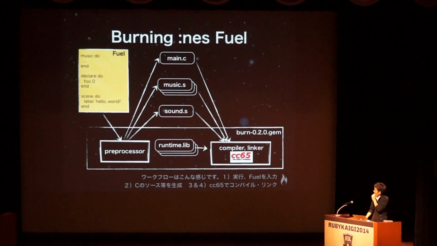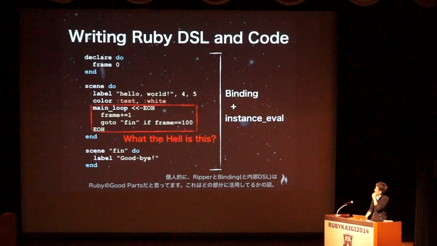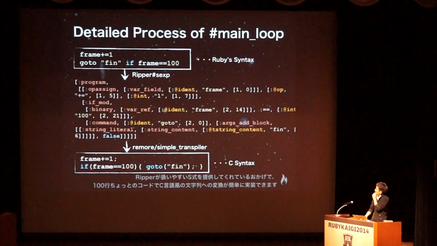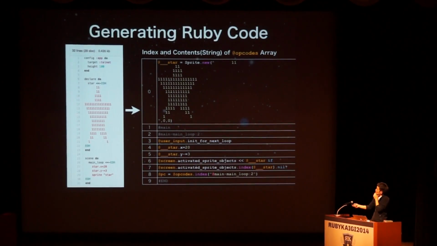But for the telnet server, the application server, what I did is Ruby to Ruby. So it's more simple. Ruby DSL to this one is converted, but you can see it's apparently different.